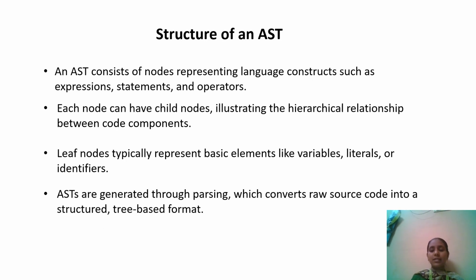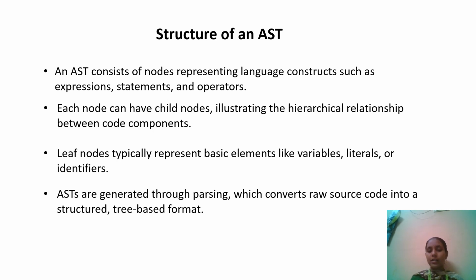Structure of an abstract syntax tree. An abstract syntax tree consists of nodes representing language constructs such as expressions, statements, and operators. Each node can have child nodes, which illustrate the hierarchical relationship between the code components.